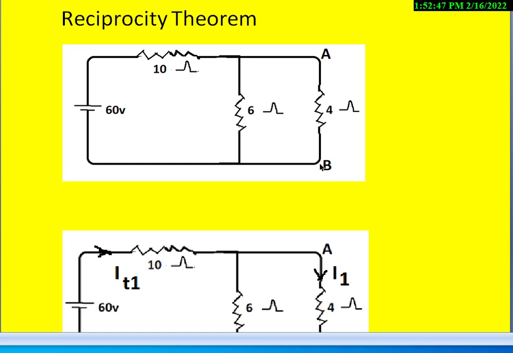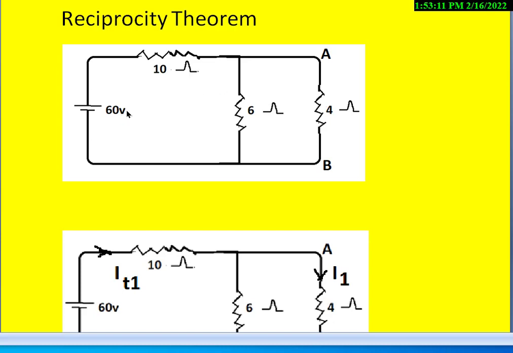So here AB terminals are given with respect to which reciprocity theorem should be applied. To apply the reciprocity theorem, the condition is only one source must be there in the circuit. So for this circuit, 60 volts is the source. There are no other sources. So the reciprocity theorem can be applied to this.